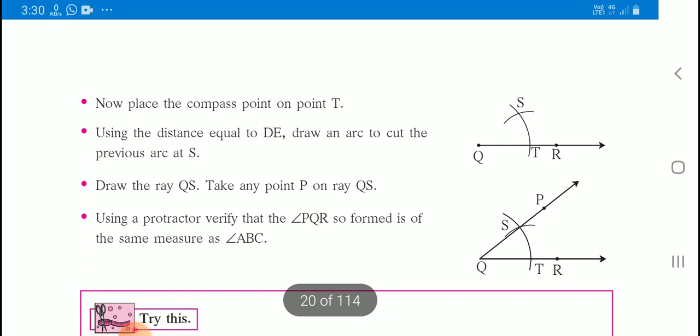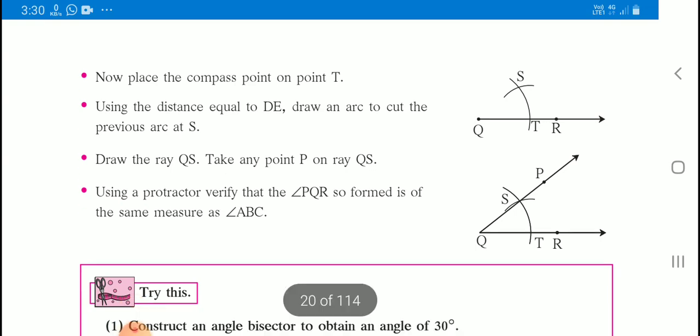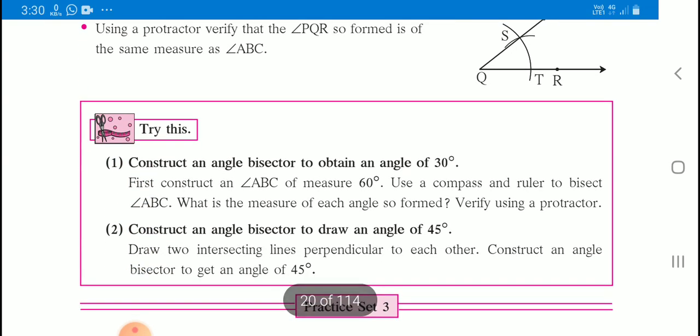Take any point P on ray QS, which means you have to extend that ray. Using a protractor, verify that angle PQR so formed is of the same measure as angle ABC.